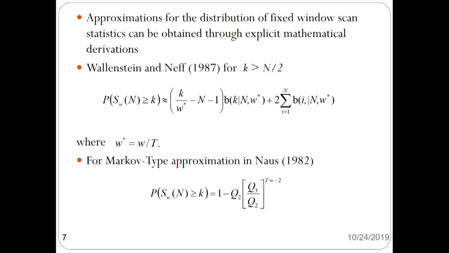However, there is no exact distribution for the scan statistic due to the high dependency of the events. So we use a very accurate approximation to calculate the tail probability of the scan statistic. There are two types of approximations for the tail probability.